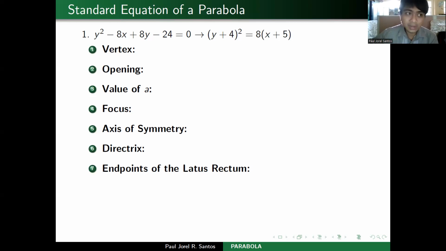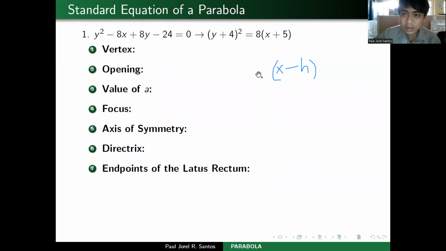But the formula is x minus h, if you can still remember, like this. So we have here x minus h. But if we take a look at this, it is x plus 5.